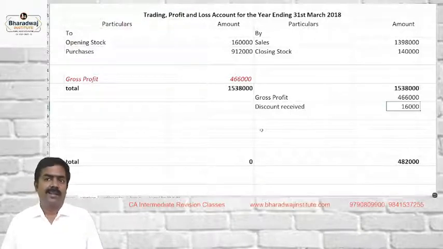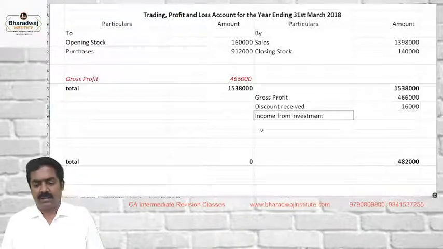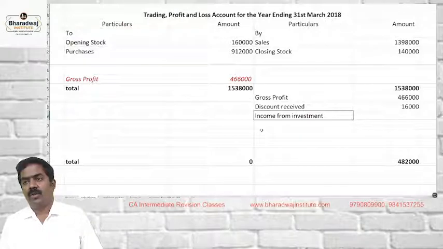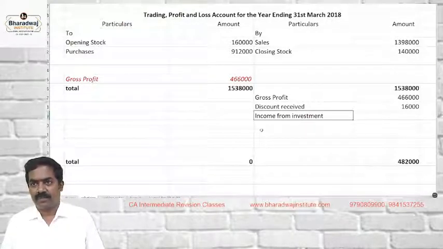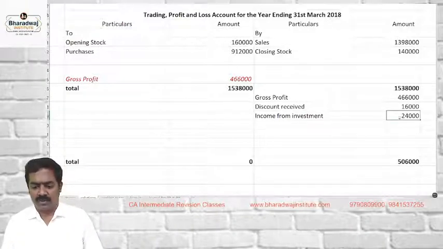Then income from investments, how much do you have to calculate? I said it is purchased in the middle of the year. Correct. How much? 12,000 or 24,000?